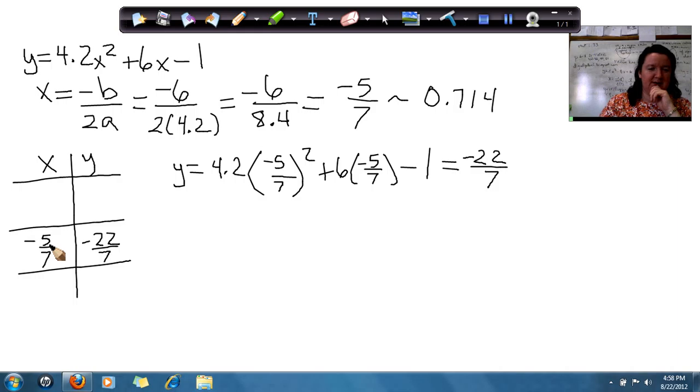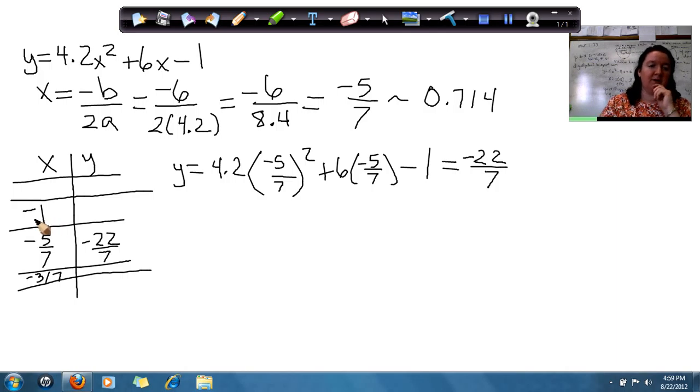If I subtracted 2 over 7, that would give me a negative 1, because I'd have a negative 7 over 7. And then if I added 2 over 7, that would give me a negative 3 over 7. So that gave me a little bit easier of a value there.